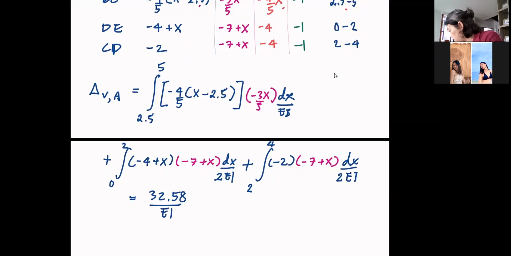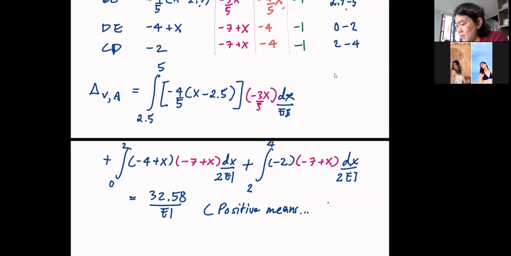It's a positive value, which means the direction is similar to the direction of your unit load, right?